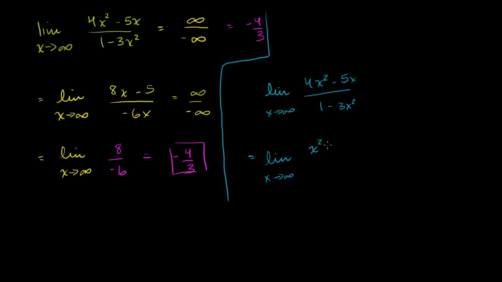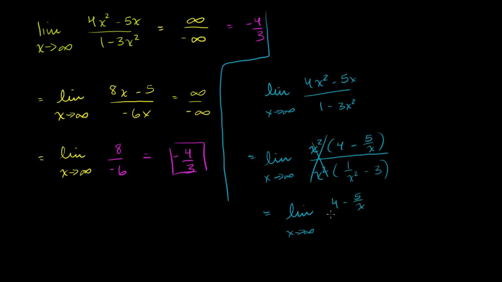So you have x squared times (4 minus 5 over x), because x squared times 5 over x is 5x, divided by x squared times (1 over x squared minus 3). And then these x squareds cancel out. So this is equal to the limit as x approaches infinity of (4 minus 5 over x) over (1 over x squared minus 3).